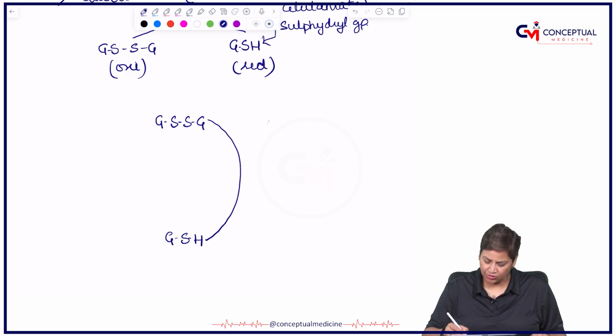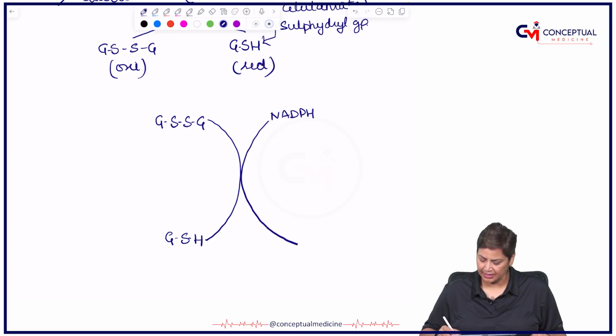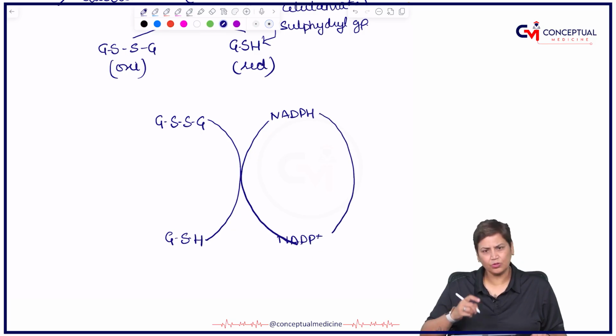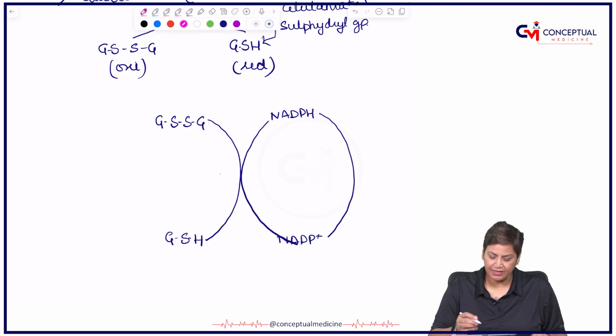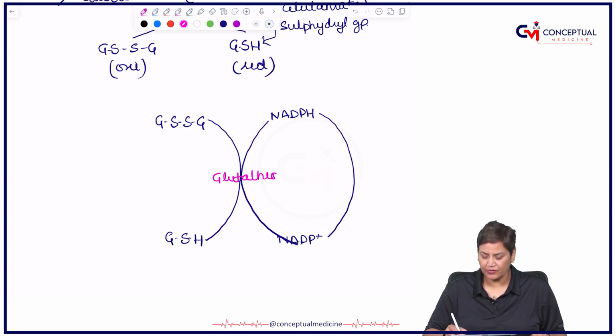अब reduction है, so the enzyme has to be reductase, and here NADPH will be there, and here simply NADP positive will come. Right, now, and this will be converted back to this. So because there is a kind of cycle going on. अब since reduction is occurring, because we are reducing glutathione, so the enzyme has to be glutathione reductase.